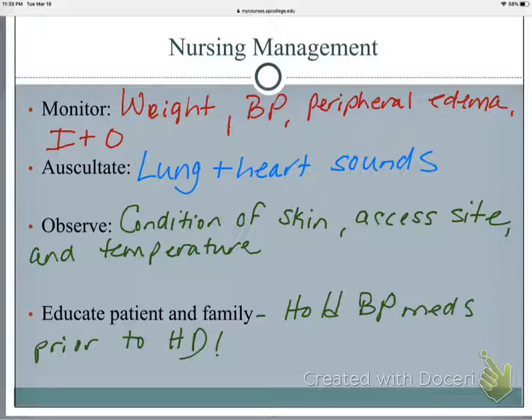And I will tell you, the PACU nurse let a whole bag of fluid go into a dialysis patient. So when I got him back, he was 200 over 100 blood pressure, JVD, chest pain, sweating, in distress. And I asked the nurse, you let a whole bag of fluid go in? And she said, yeah.